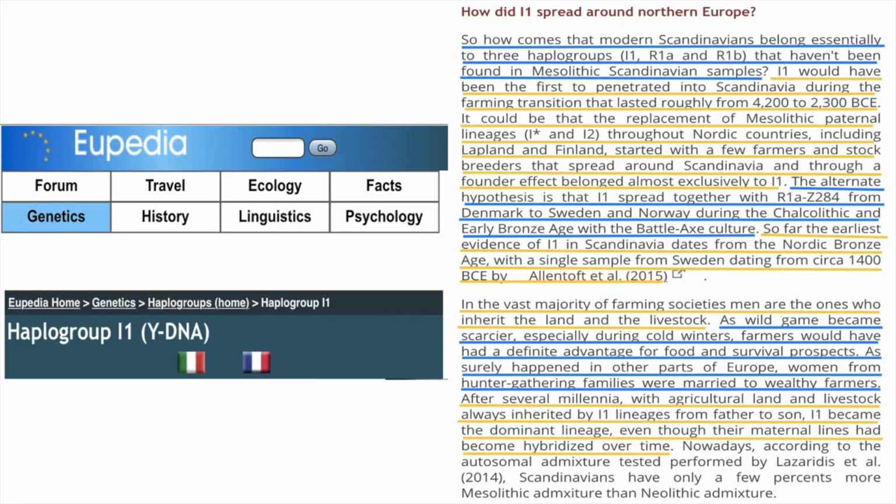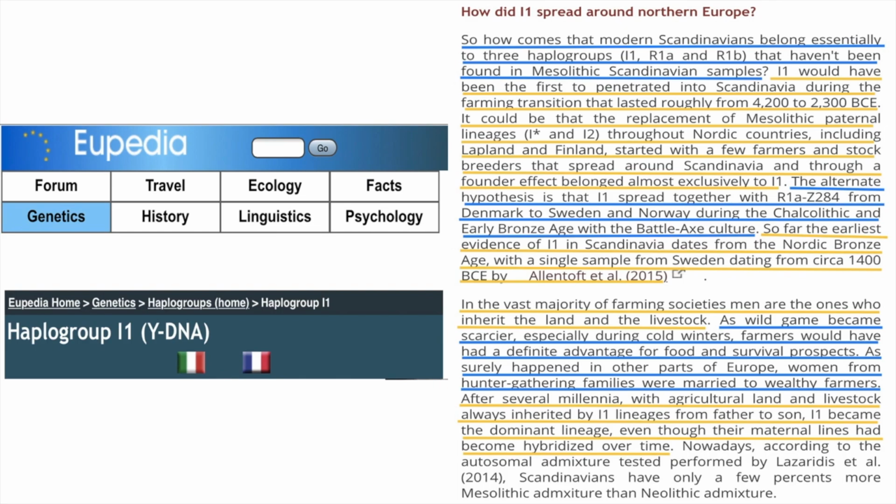So how did I1 spread around northern Europe? How come that modern Scandinavians belong essentially to three haplogroups, I1, R1a, and R1b? That hasn't been found in Mesolithic Scandinavian samples. I1 would have been the first to penetrate into Scandinavia during the farming transition that lasted roughly from 4,200 to 2,300 BCE.